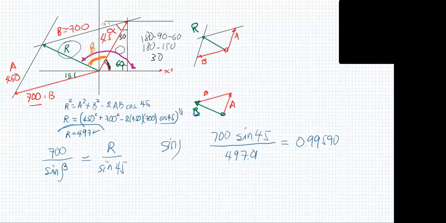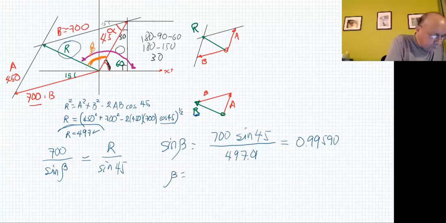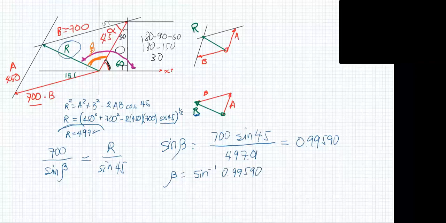Did anyone else get 1.2? Or is that just me? I got 1.2. For beta or for sine of beta? Did you do 497 divided by 700? No, I did 700 times sine 45 divided by 497.01. And then you get what? I got 1.2.